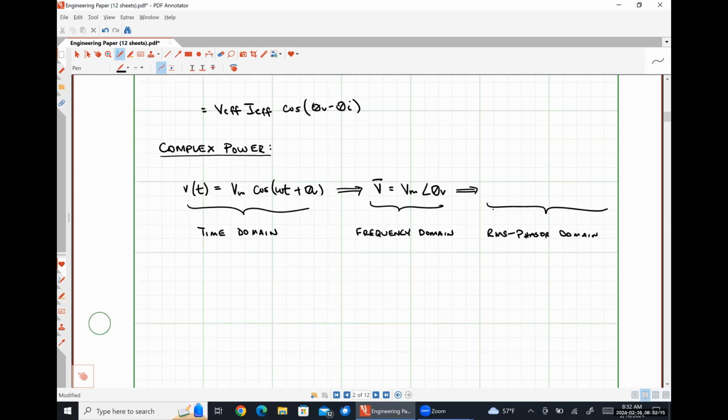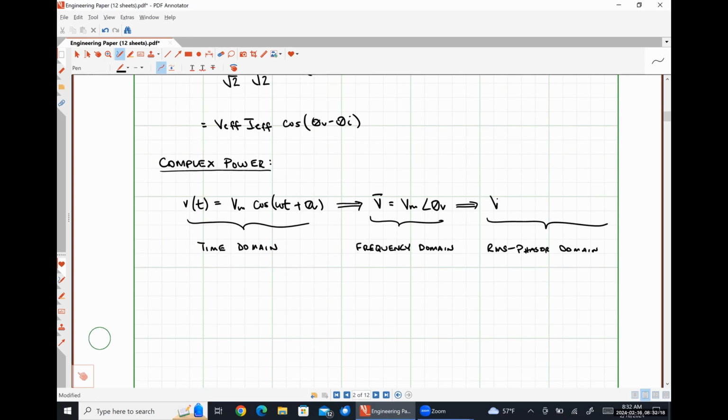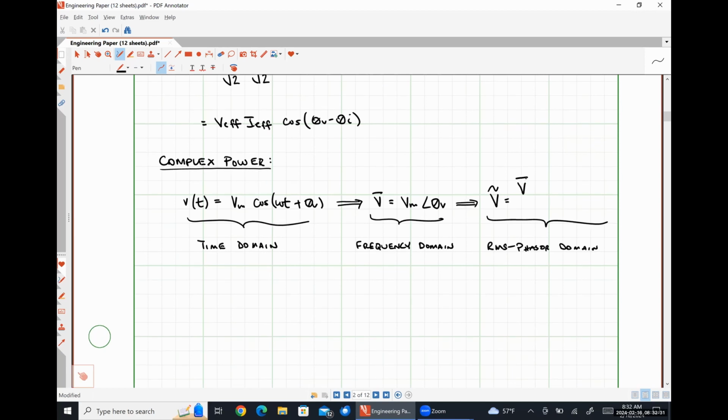So our RMS phasor voltage, sorry, my screen is jumping around. I'm going to denote it with a tilde over the top as opposed to just that flat bar. This is nothing more than our phasor voltage V divided by the square root of 2, which would look like Vm over root 2 with an angle of θv, or simply V effective with an angle of θv.